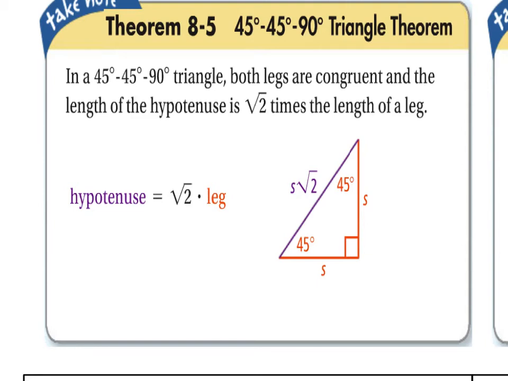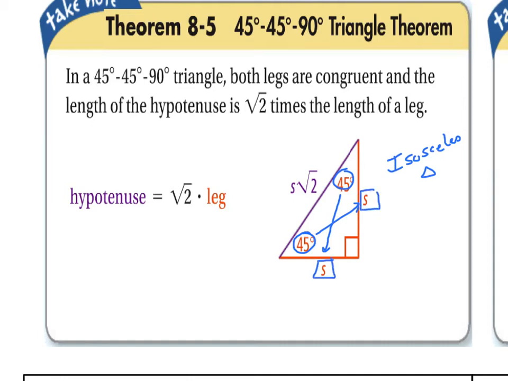You'll notice that these base angles are exactly the same, which means that the sides opposite them are the same. So in other words, this is an isosceles triangle. It's an isosceles right triangle, which happens to be what we call a 45-45-90 triangle. So if we don't know the legs, we make them X, or in this case, they make them S.